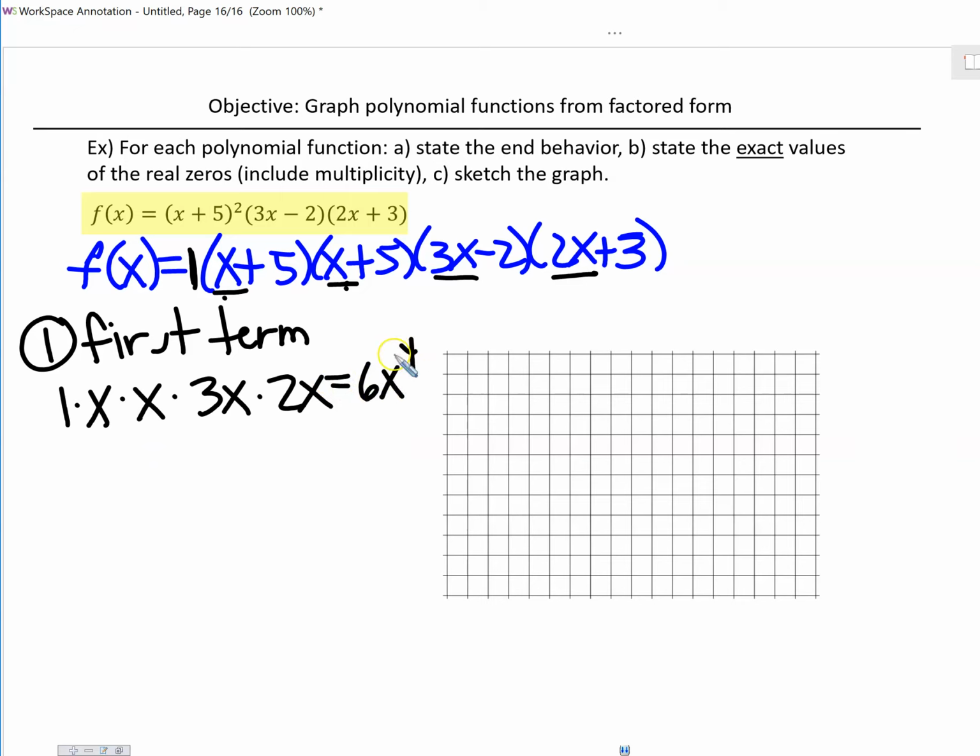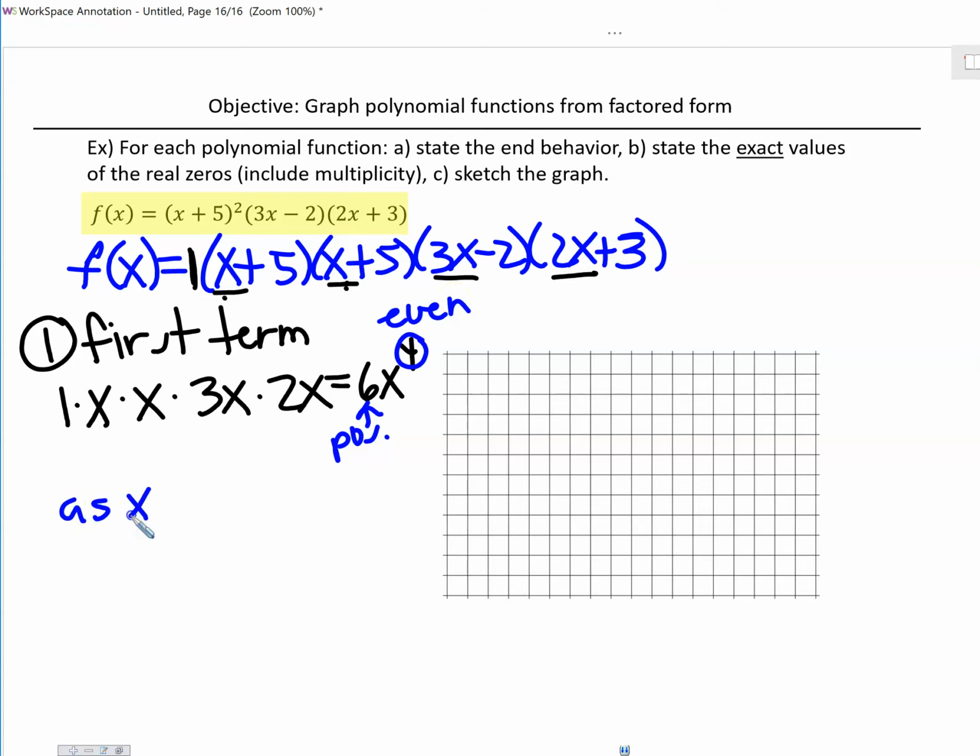So our exponent is even, so that means that we have an even degree, so both of our ends on our end behavior go the same direction with our evens, and this is a positive 6, so that means that the right end goes to positive infinity. Because it's an even degree, the left end will also go to positive infinity.